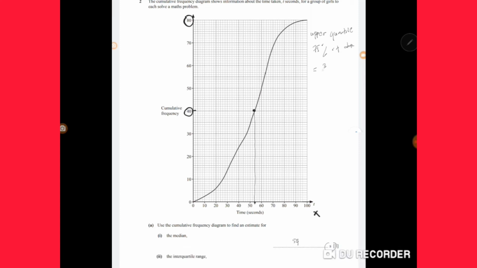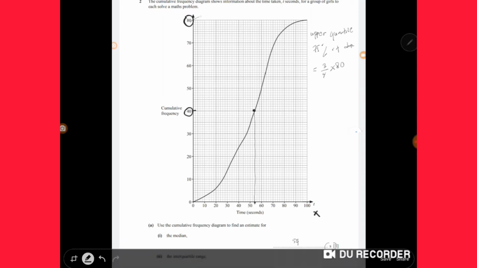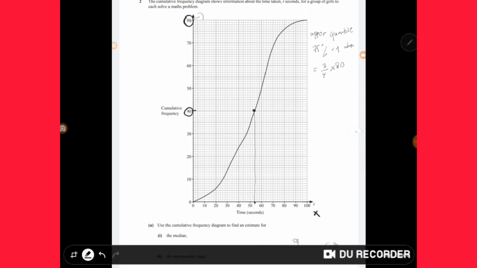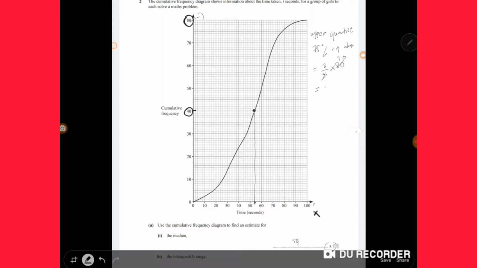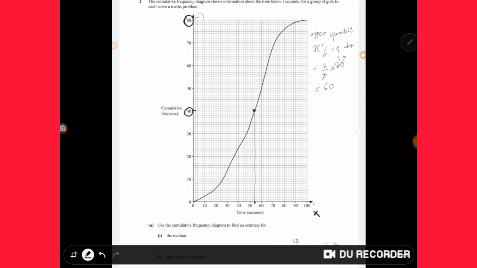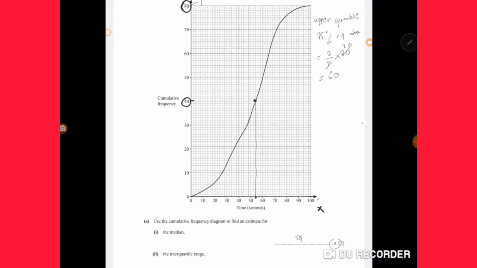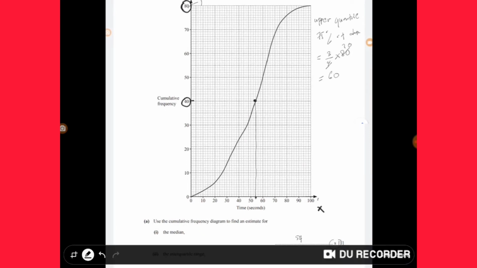You can write 75% as 3 over 4 times 80, because our total data is 80. 80 divided by 4 is 20, and 3 times 20 is 60. So when the data is 60, it represents the upper quartile. So 60 will be here.